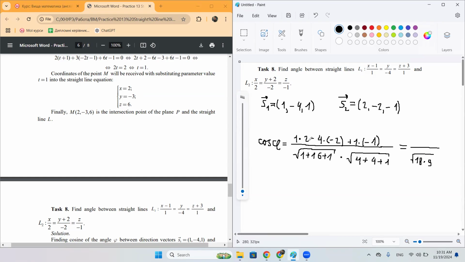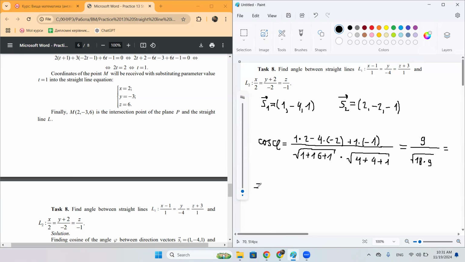So 2 minus 8 is minus 6. Yeah, minus 6 minus 1, so minus 7. Oh no, 2 plus 8 plus minus 1, so 9.